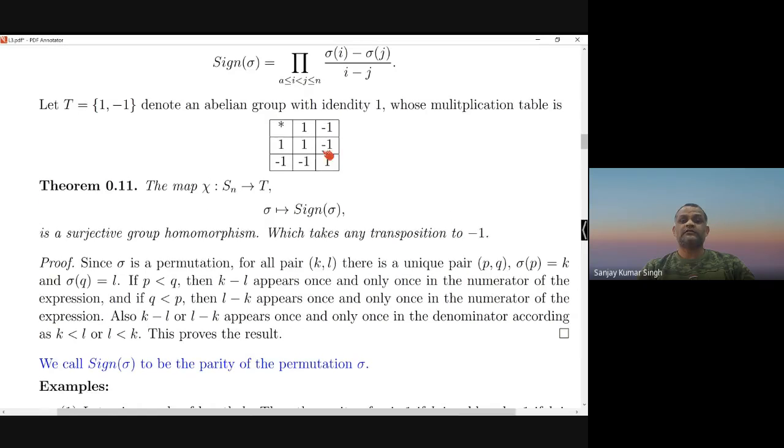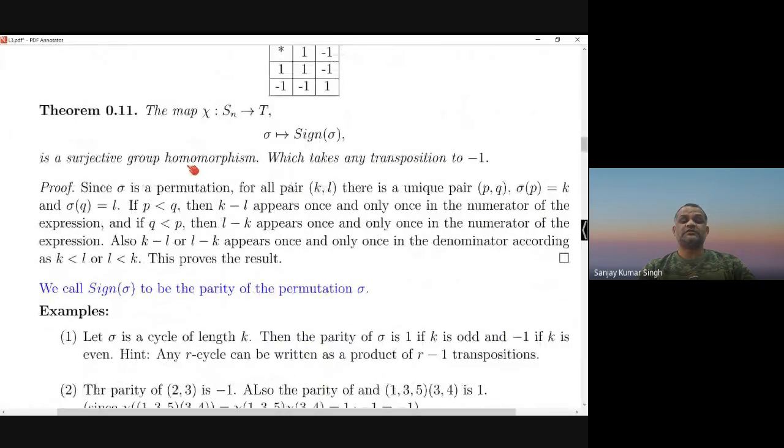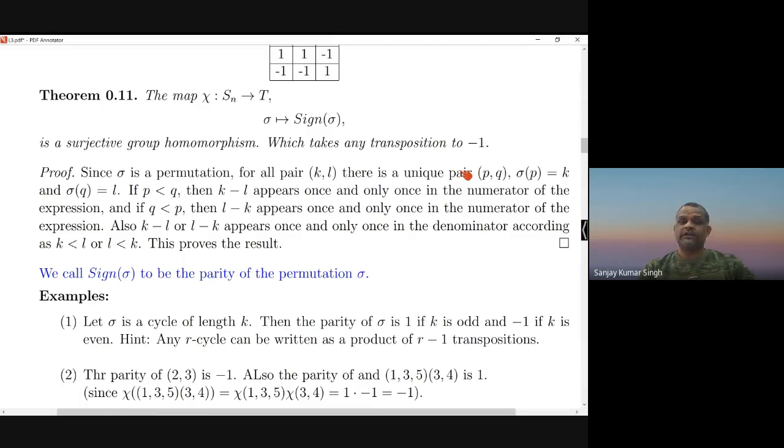With respect to this group operation, the theorem says that the map chi from Sn to this group, sending sigma to sign of sigma, is a surjective group homomorphism which takes any transposition to minus 1. The proof is not very difficult, but it is better to calculate this for one permutation, and you will understand the proof. But yes, the proof is simple in that sense.